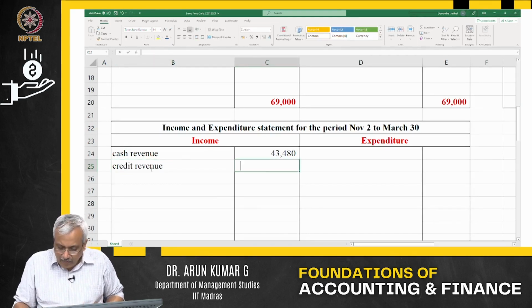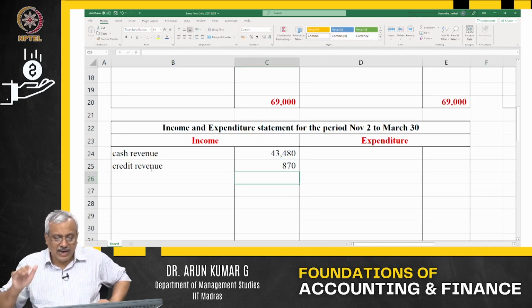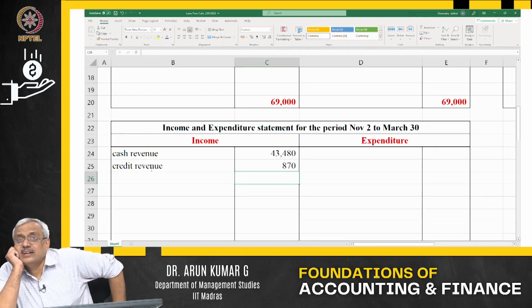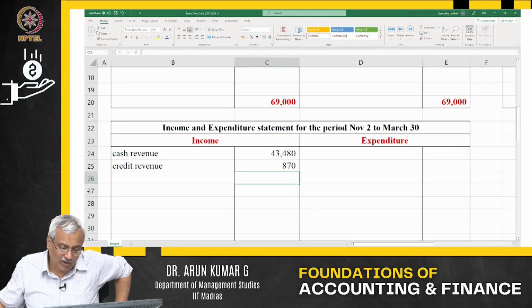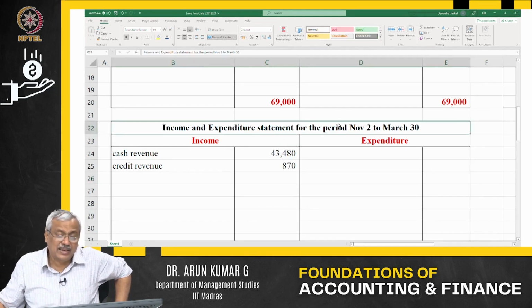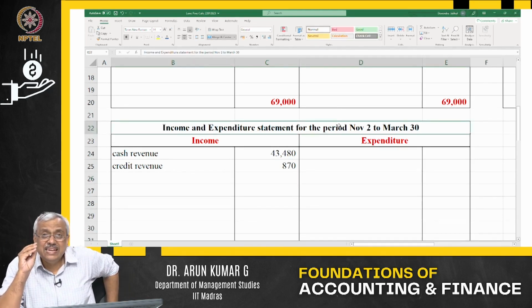Credit revenue, how much is it? $870, because I have to receive the money. I may not receive it, that's a different issue. Between November 2nd and March 30th, I am eligible to receive the money. So, what is my revenue? My revenue is cash revenue, and my revenue is credit revenue.